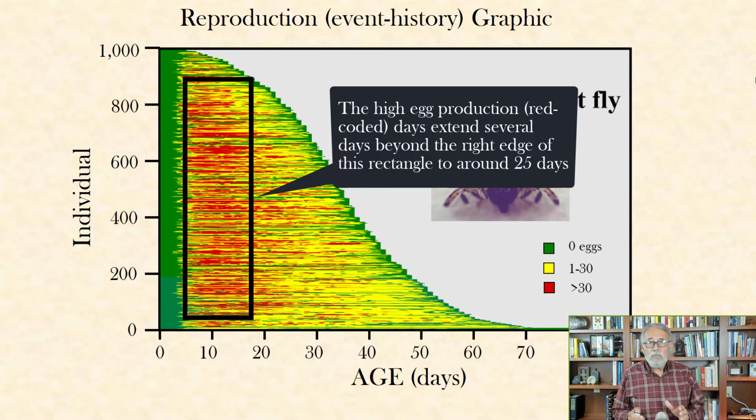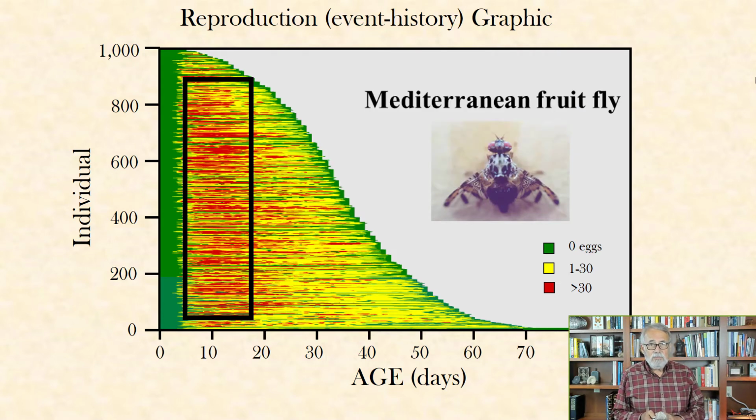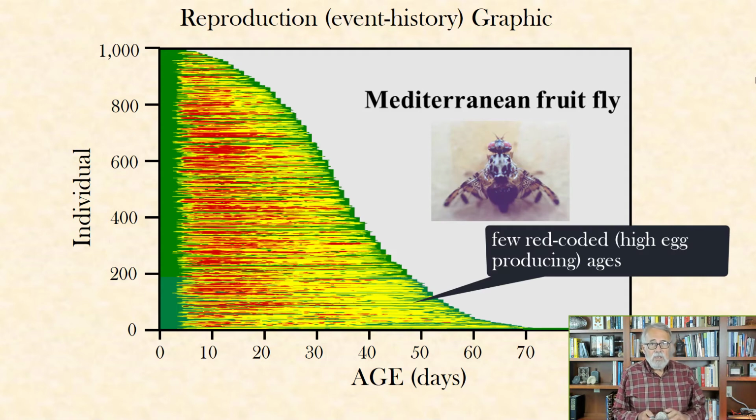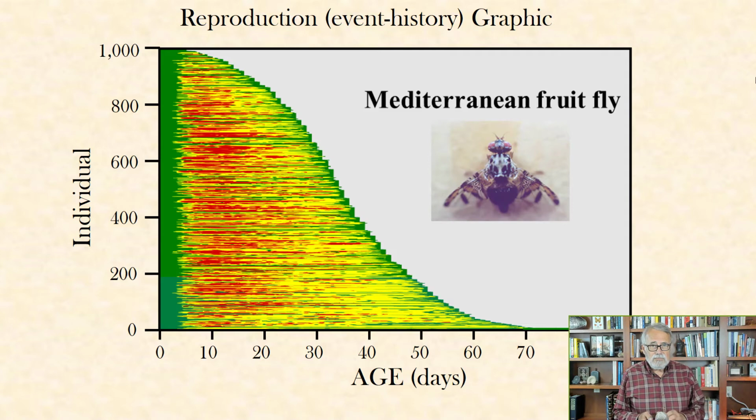This 20-day band of high egg production appears at nearly all longevity levels and thus implies that the correlation between the early reproduction and longevity is also weak. Third, high egg production days, that is the red-coded days, were noticeably absent from flies living beyond 40 days.